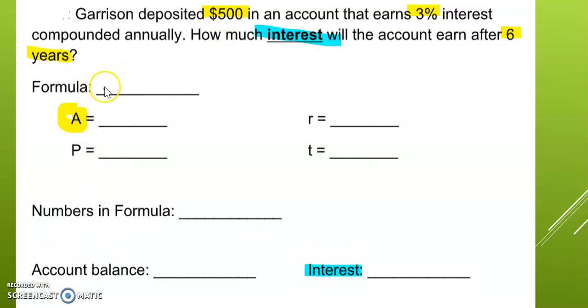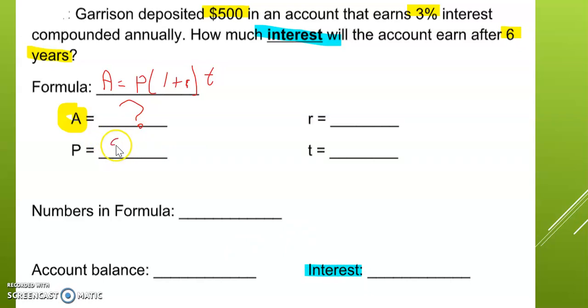So my formula is A equals P times 1 plus R to the T. That is, I don't know. I'm going to need to calculate that first, and then I'm going to have to do another calculation to get the interest.